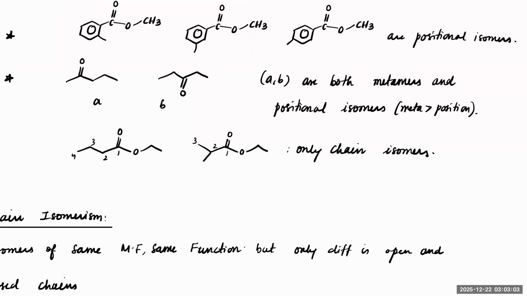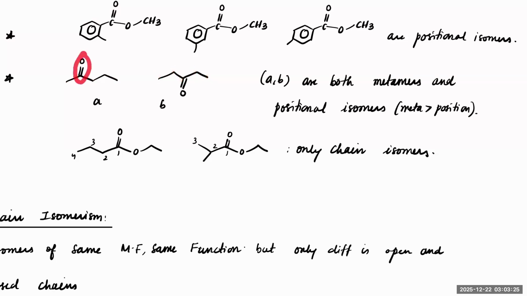Next, notice this ketone. Left hand side we have 1, right hand side 3, left hand side 2, right hand side 2. So these are definitely metamers. But have you noticed something? This is the only case where the length of the chain is also same. 5 carbons, 5 carbons.